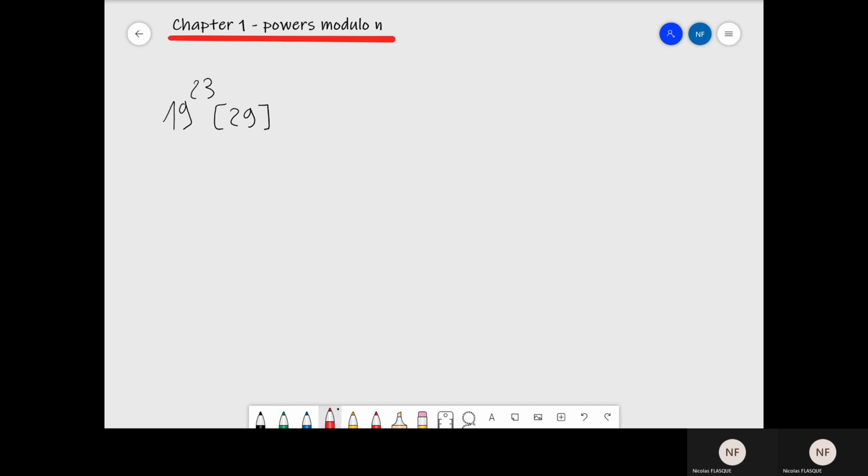So the way we can handle it is by doing a little work on the exponent first and actually expressing this exponent, which is 23, as a sum of powers of 2. That is, trying to get some binary representation of 23.